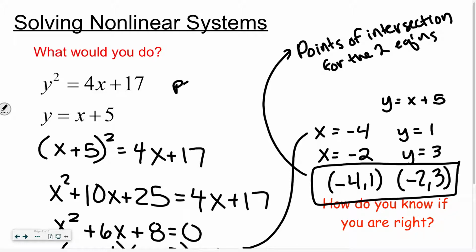That's a parabola that opens right or left, right? This is a line. Could you imagine a parabola that opens right or left and a line intersecting at 2 points? Sure, visually it would look something like this, right? Okay. So what we're finding are where those 2 points are on the coordinate plane.